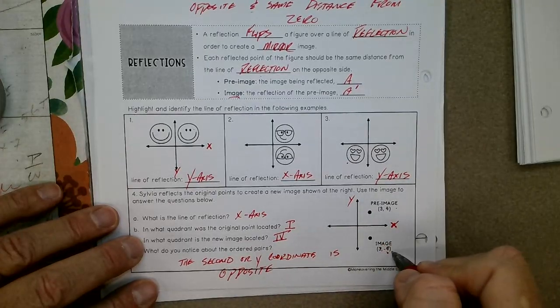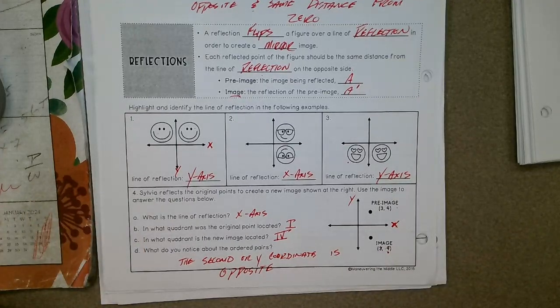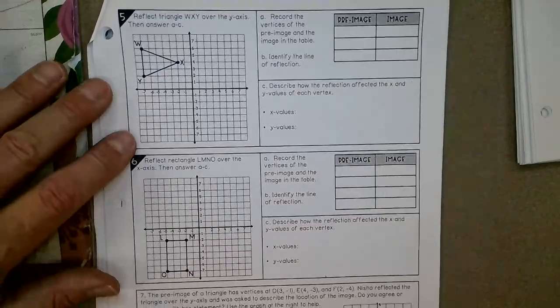Started at 4 to -4. That's all you need to do to reflect over the x-axis. You change the y-coordinate, so it's kind of opposite when you think about it. Okay, let's take a peek at the next one.